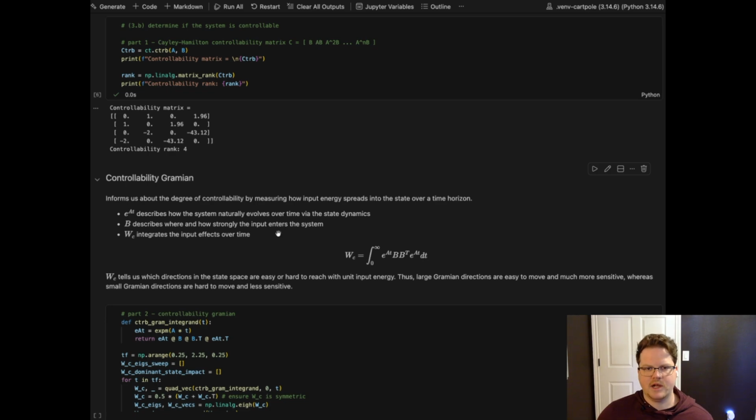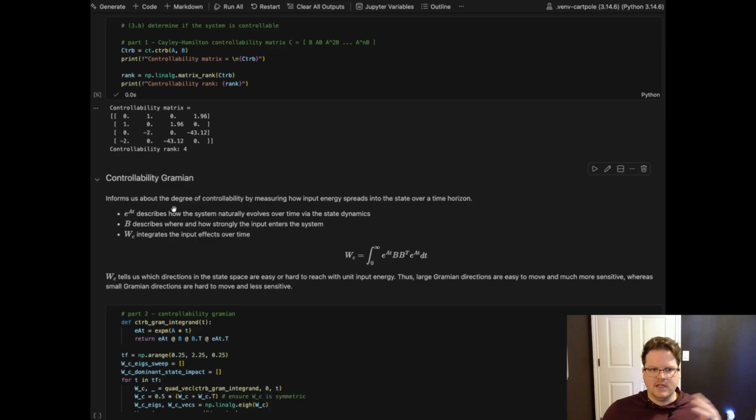We measure how unit input energy spreads into the state over a time horizon, so it's an integral. So the controllability gradient integrates the input effects over time, assuming just a unit input. B is our input matrix, and so the outer product here tells us how strongly input enters the system.